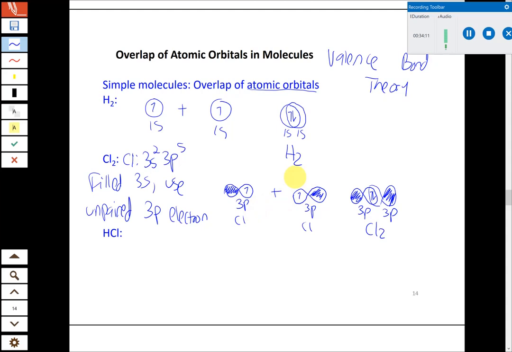If we go to HCl, it's also possible, as we'll see, to use two different types of orbitals. They don't have to be two 1s or two 3p orbitals and so on. So in HCl, the hydrogen has its unpaired electron in a 1s orbital, as we saw. The chlorine has an unpaired electron in a 3p orbital. And so if we're making a molecule like HCl, we would take the hydrogen 1s and then the 3p from chlorine, which each have the unpaired electron in them.